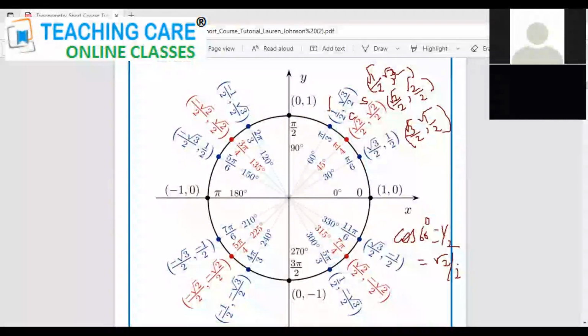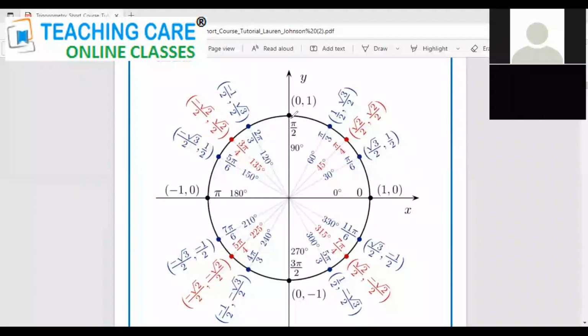Coming to your 90 degrees, I have told you this is cosine, then this is sine. When they ask cosine of 90 degrees, you go to the example and check it out. Cosine of 90 degrees is 0. Sine of 90 degrees is 1. Try to remember this and this both.